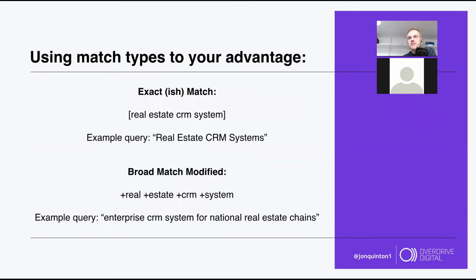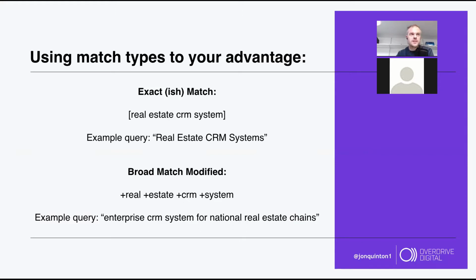So match types. If you've been doing AdWords, or Google Ads rather, for a while, you'll know about match types, but let me just go through the basics. For me, I would always start with exact match and broad match modified. Exact match is, let's use this example of real estate CRM system.